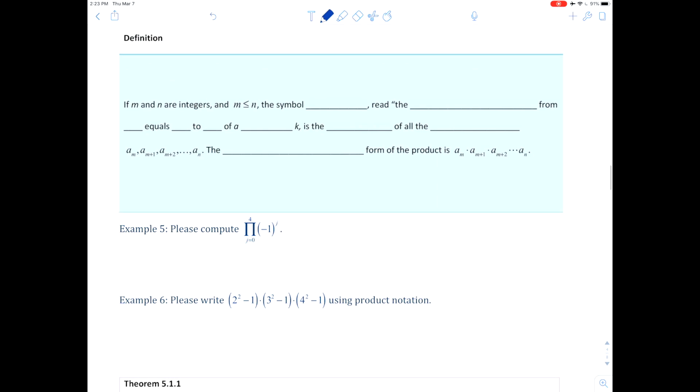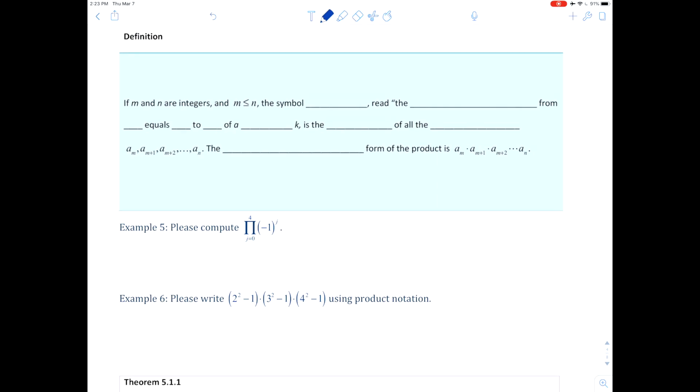Okay. All right. So next up, we also have a shortcut for writing a string of products, right?